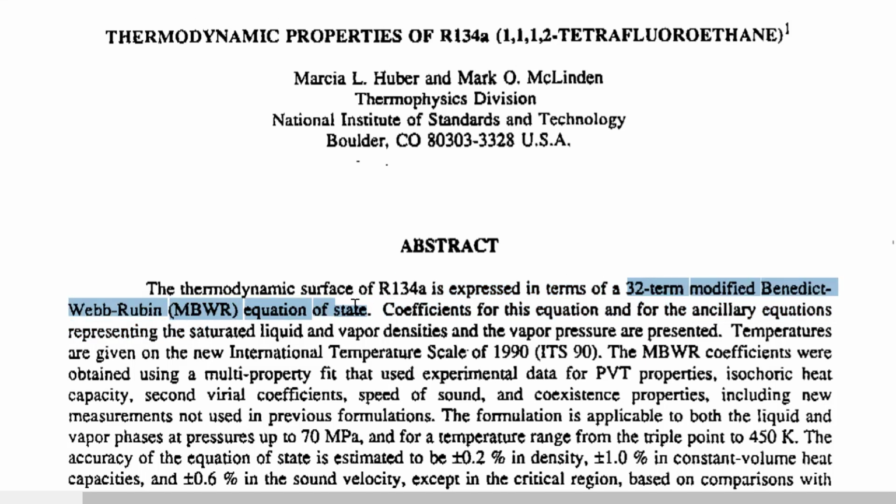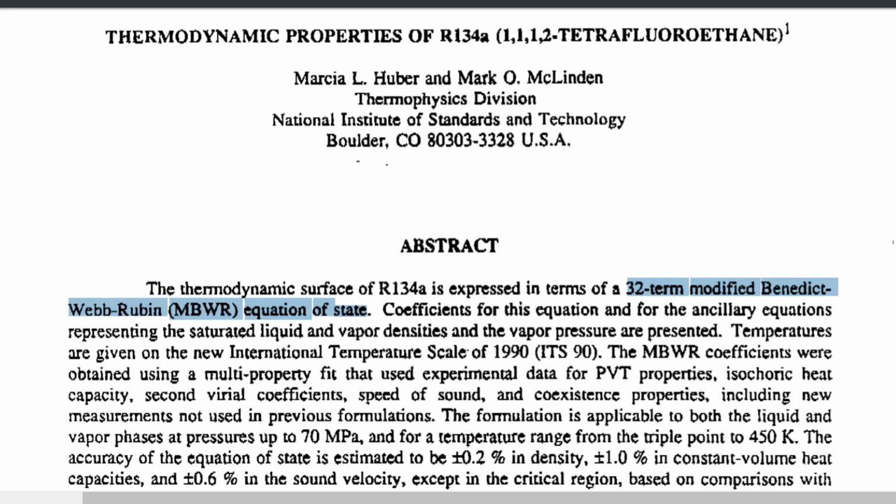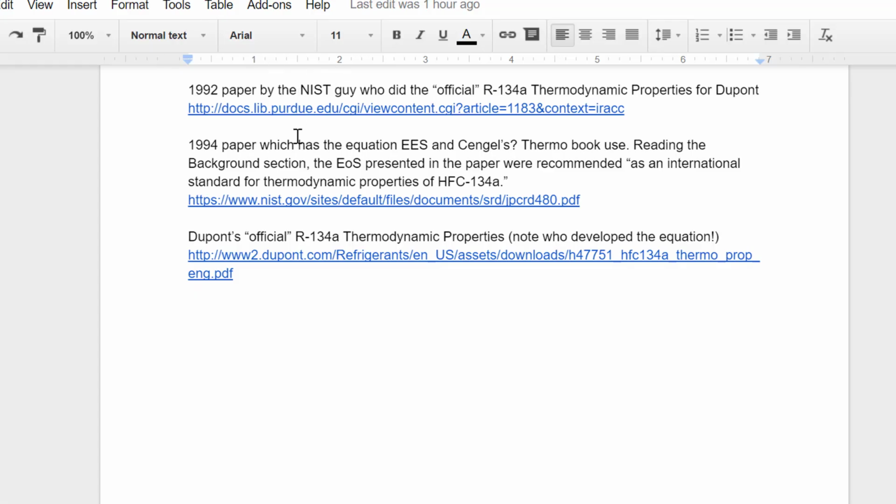They ran these experiments and wanted to capture this all in an equation. They ran some and got the basics of what they needed and developed this 32-term Benedict-Webb-Rubin equation of state. That's what they used to capture that information and then develop the tables that we get this information from. So there's the 1992 paper.